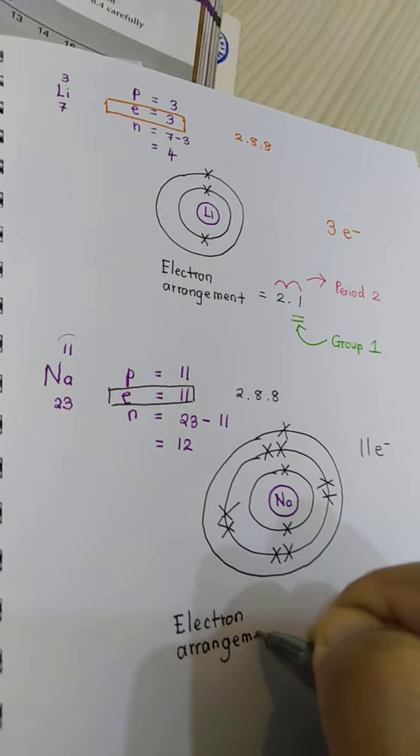So, the electron arrangement here is correct. Okay, look. How many valence electrons are here? Look at the last part. I have 1 valence electron. So, this shows that sodium belongs to group 1 elements.